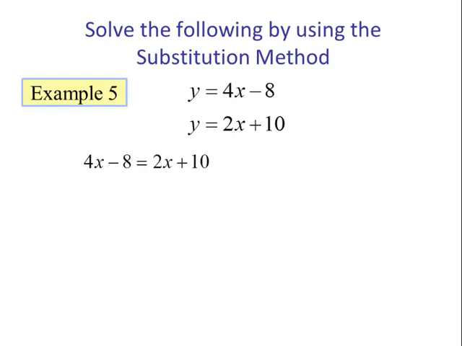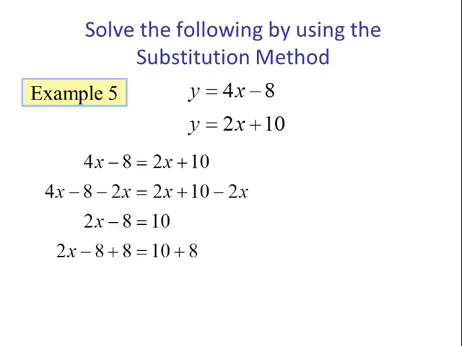This gives me the equation 4x minus 8 equals 2x plus 10. We have x's on both sides, so I'm going to subtract 2x from both sides. That gives me 2x minus 8 equals 10. Add 8 to both sides, we have 2x equals 18, and dividing by 2 we see that x is equal to 9.